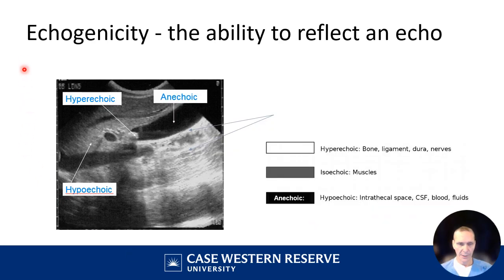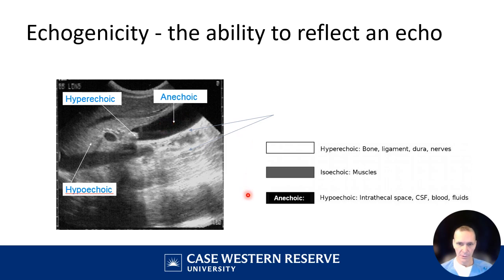So kind of building off the last slide, echogenicity, that just means the ability to reflect an echo. All the structures in our body have some sort of echogenicity. Fluid, there's no ability to reflect an echo. So those are anechoic, and what you're going to see on the screen is black.